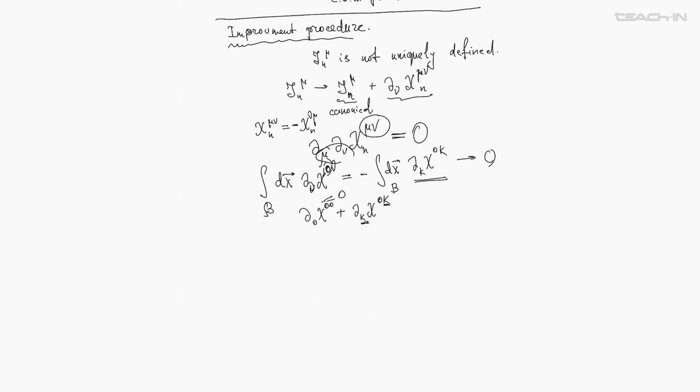In other words, you take T^{μν} and add to it the improvement term, which for this case will be a divergence ∂_ρ χ^{ρμν}, where according to the discussion we had, this χ must satisfy this property: χ^{ρμν} must be equal to minus χ^{μρν}. Can we make the new tensor, or improved tensor, to be symmetric?